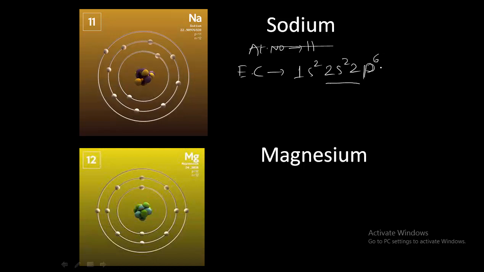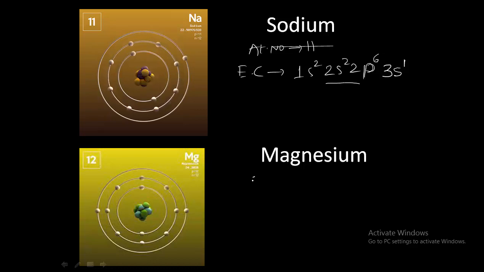After filling, the remaining electrons will go to the third shell. So here 1 electron is remaining, so it will go to the third shell. And in the third shell, which one will come first? The S subshell will come first again, and thus we fill the remaining 1 electron in the S subshell. So this is the electronic configuration of sodium.